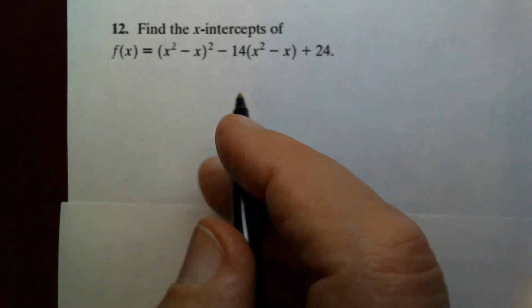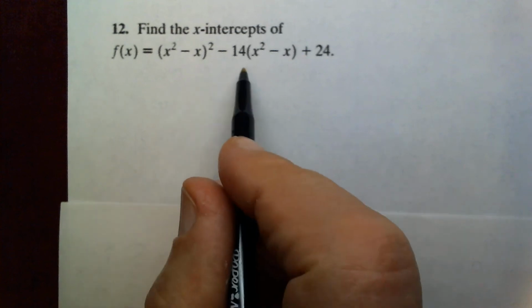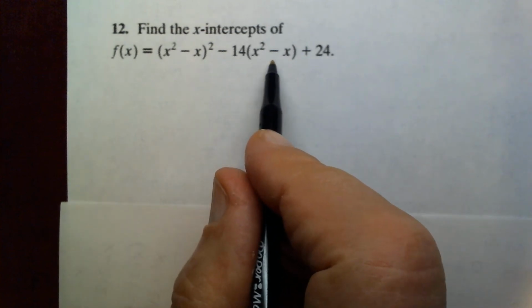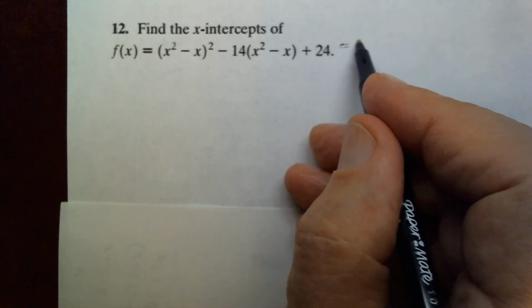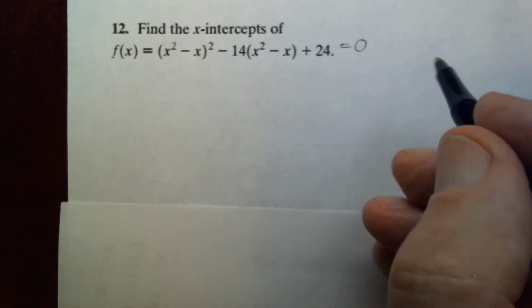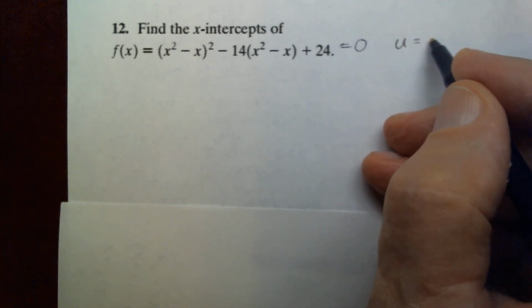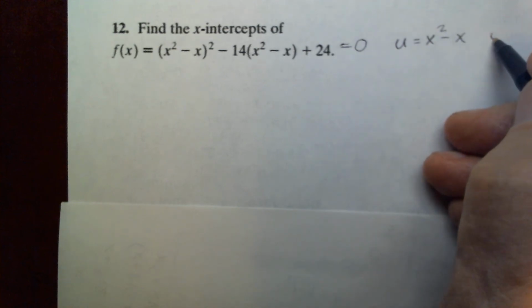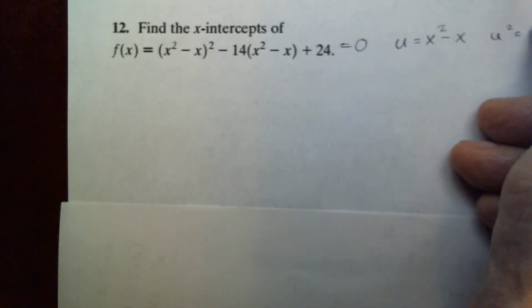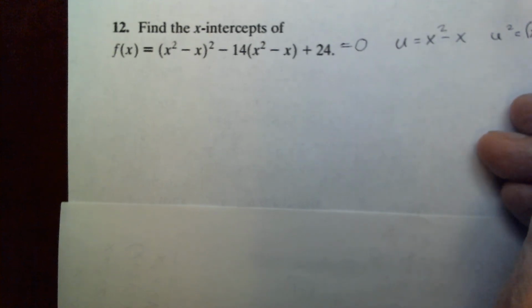To find the x-intercepts of f of x equals x squared minus x, quantity squared, minus 14 times x squared minus x, plus 24, we set that function equal to 0. And so we can use substitution here also. We let u equal x squared minus x, and then u squared is equal to x squared minus x, parentheses squared.